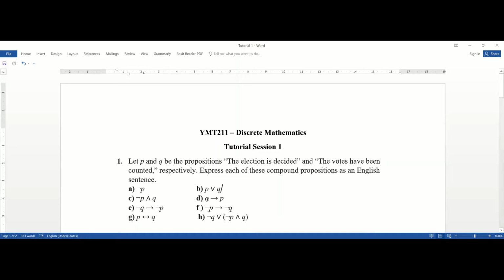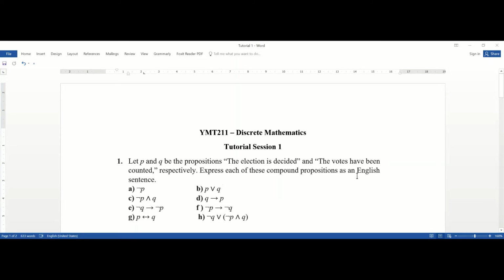Q implies P. Pay attention to which one implies the other. If Q, then P. In this case, if the votes have been counted, then the election is decided. Let's take E. Not Q implies not P, and you are familiar with this, we explained it.